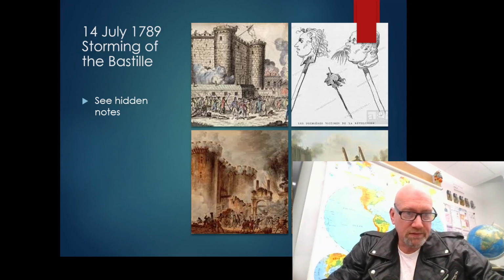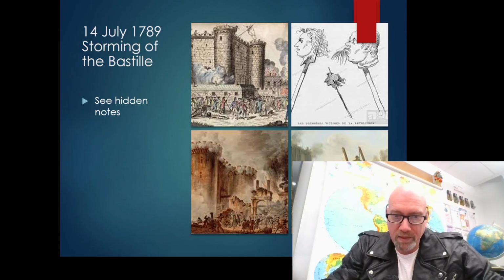14th July, 1789, storming of the Bastille. At dawn on July 14th, a great crowd armed with muskets, swords, and various makeshift weapons began to gather around the Bastille. Launay's men were able to hold the mob back, but more and more Parisians were converging on the Bastille. Launay raised a white flag of surrender over the fortress.